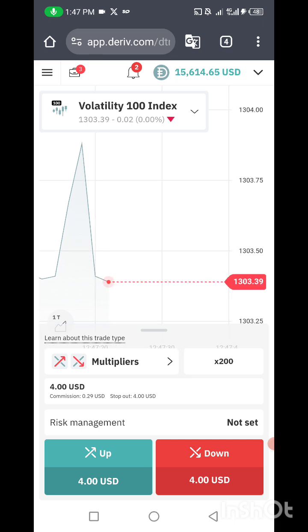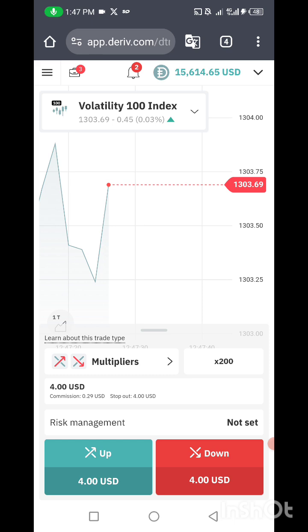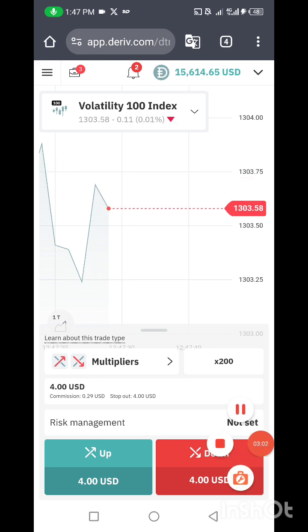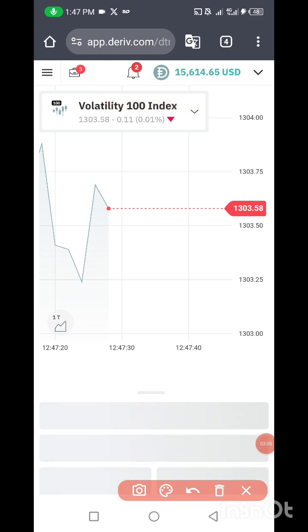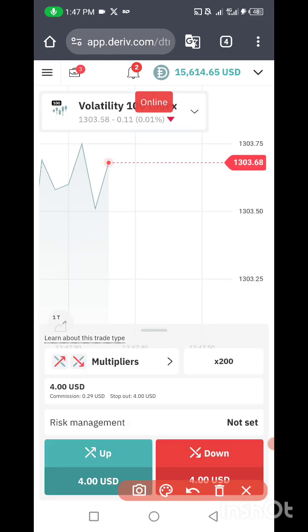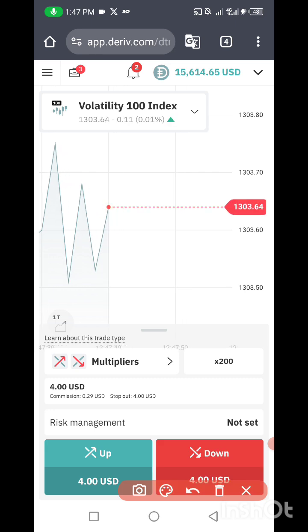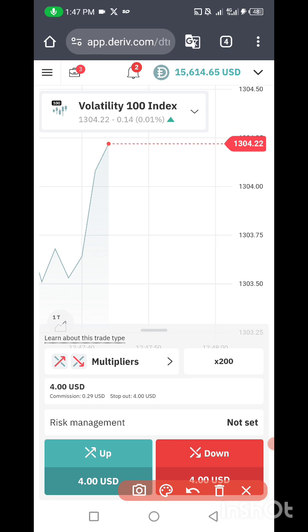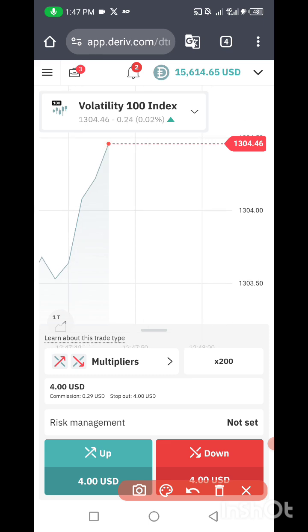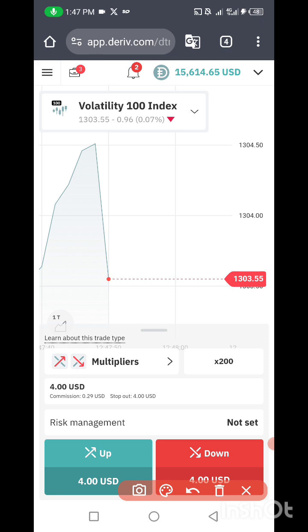There's no loss. Let me give you an instance of what arbitrage is. I'm going to use an analogy of football, then I'll bring it back to the Deriv market.